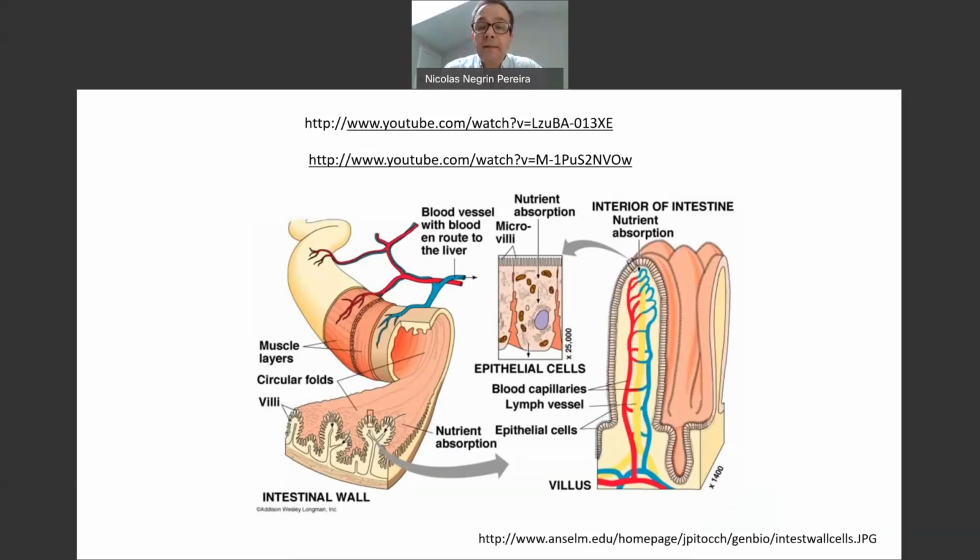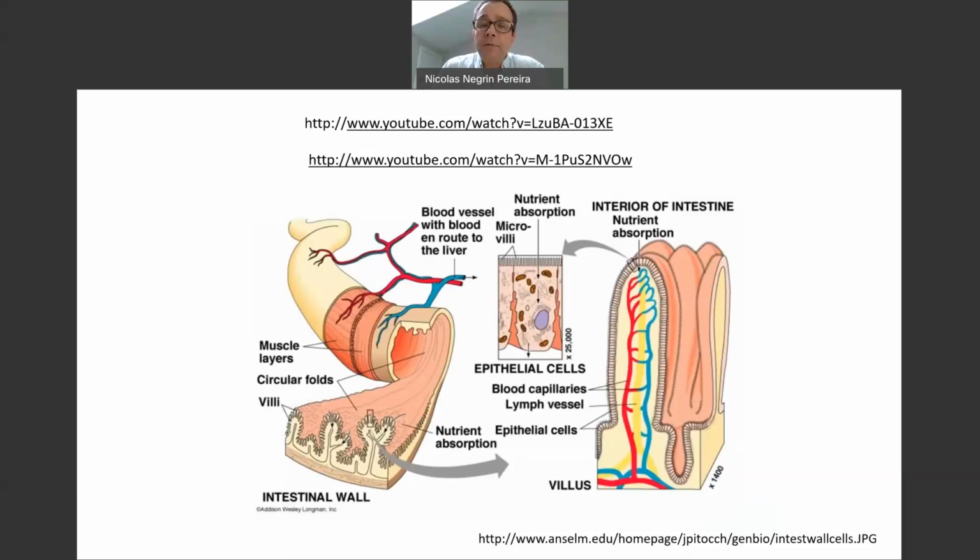And each villus is lined, covered, by epithelial cells, and the cells are provided on the apical side with microvilli, which also contribute to increasing the absorptive area of the organ. So the presence of a villus multiplies by 1400 the absorptive area compared with the original tube, the intestine considered as a tube.